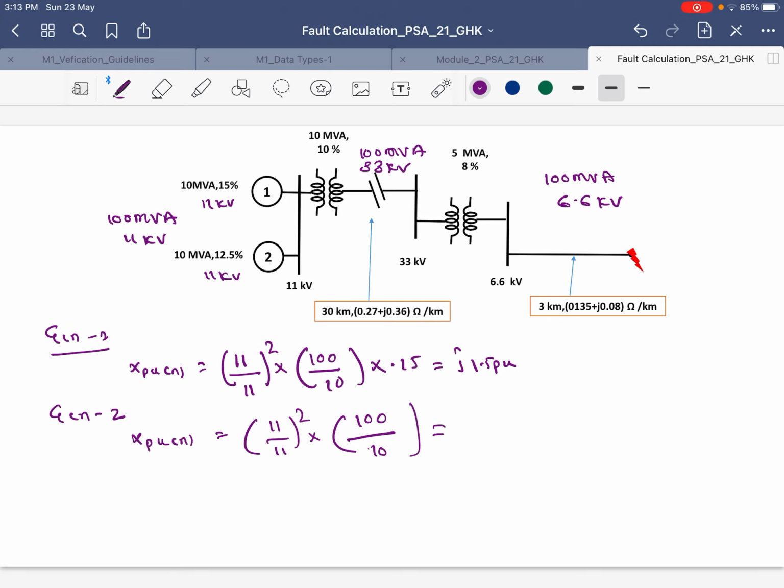Therefore, what you get here is j1.25 per unit. These are the reactances of generators 1 and 2.